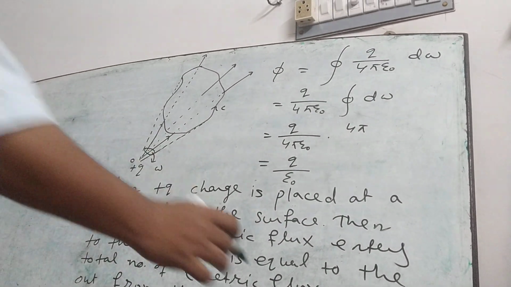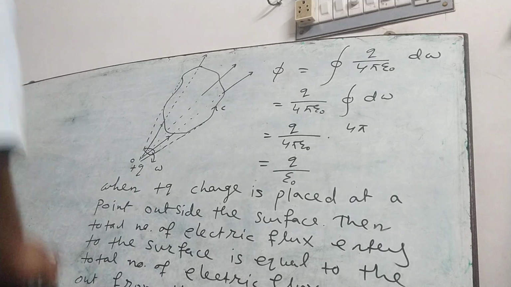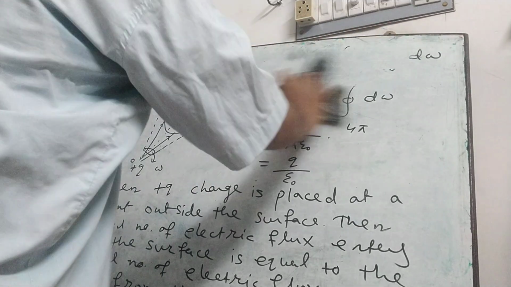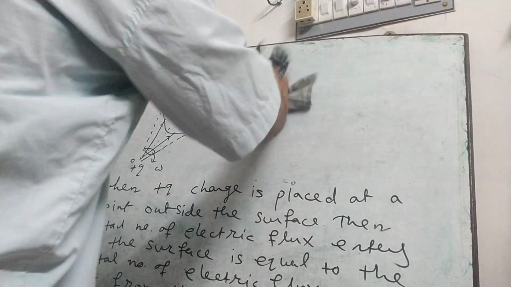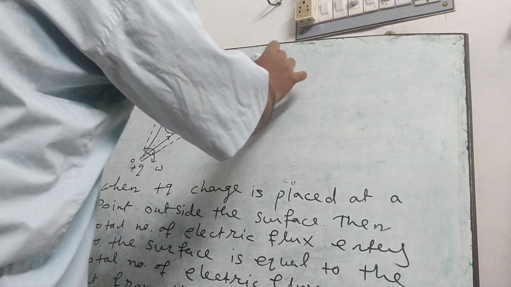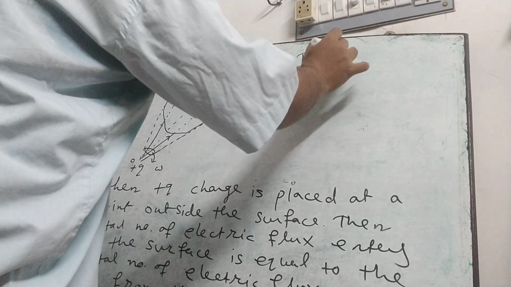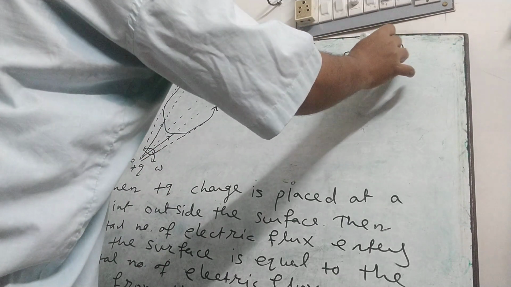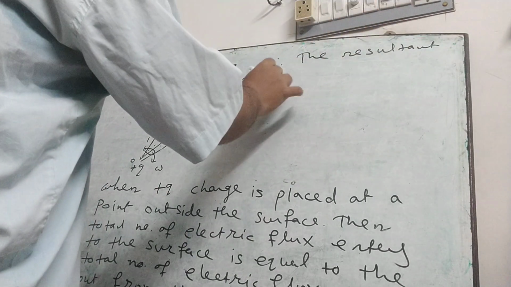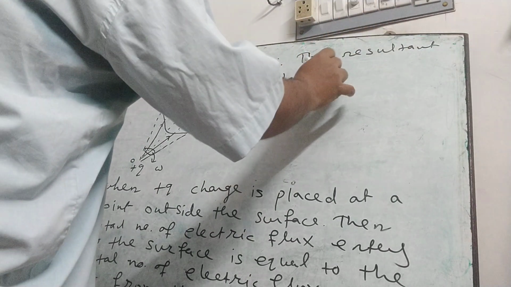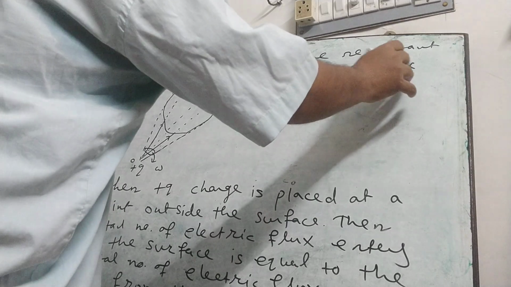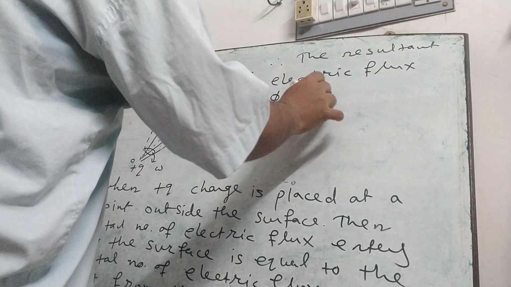Therefore the resultant electric flux phi is equal to 0.